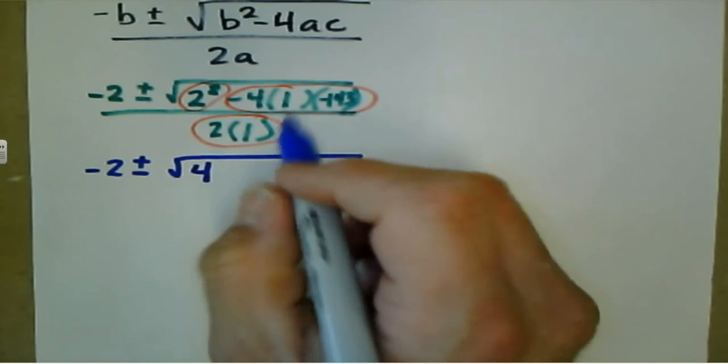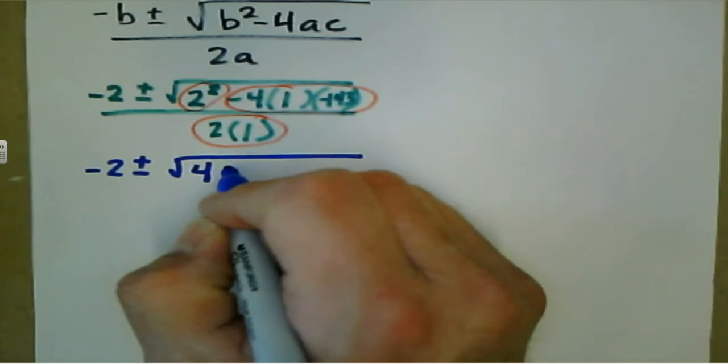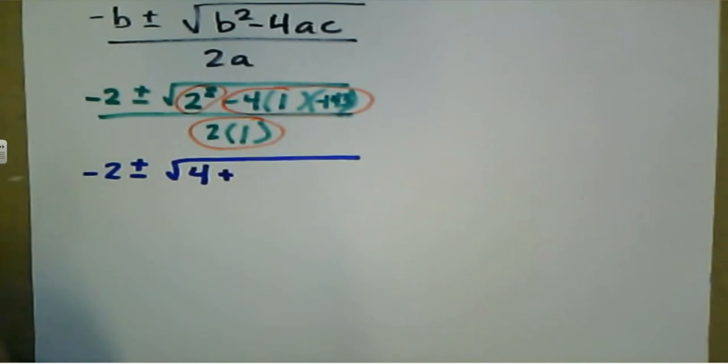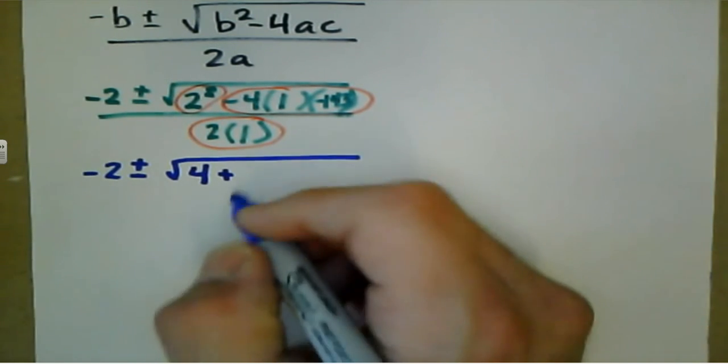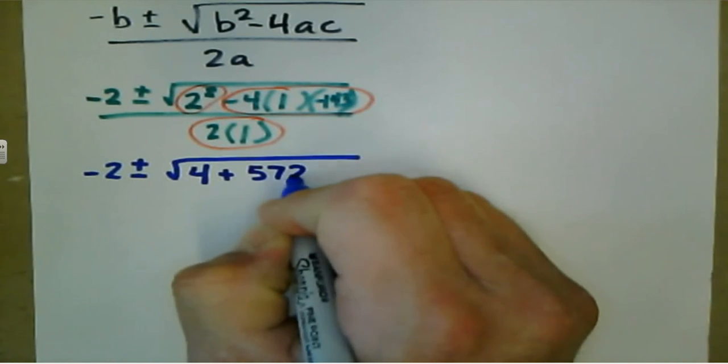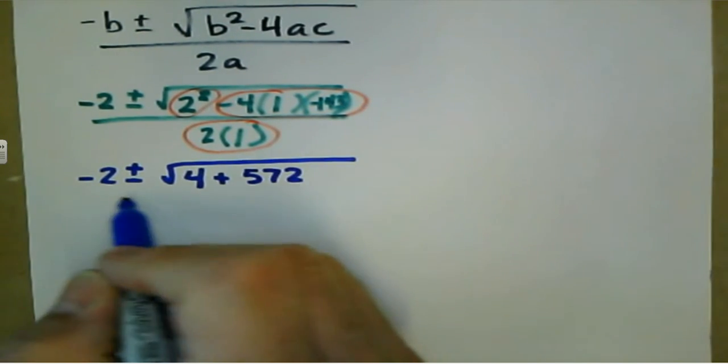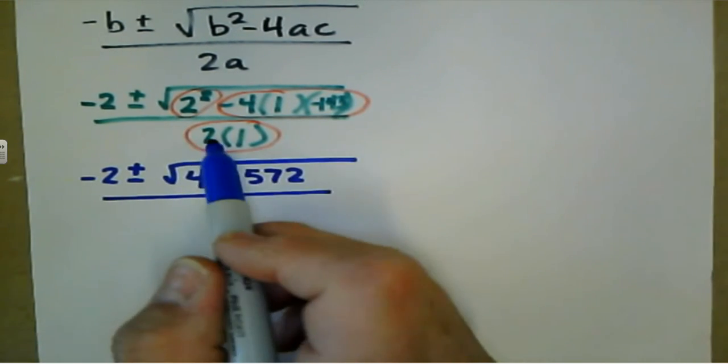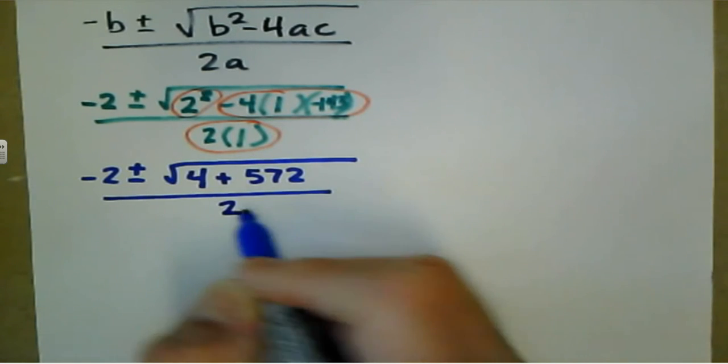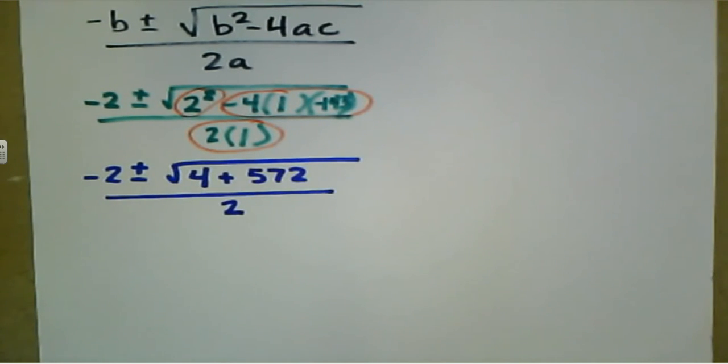It's not going to be negative. There's 2 negatives in there. It's going to be a positive. 143 times 4? 572? Okay, good. 2 times 1 is 2. All right. So then what do we do next?